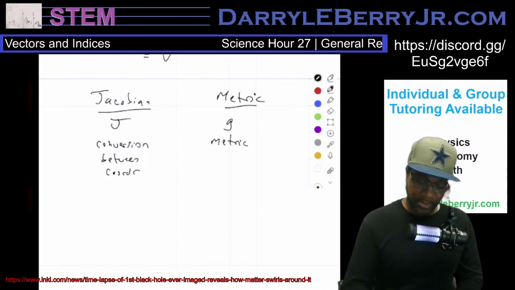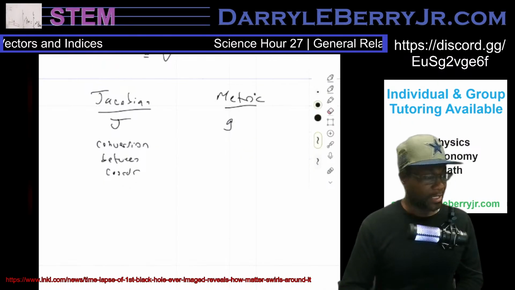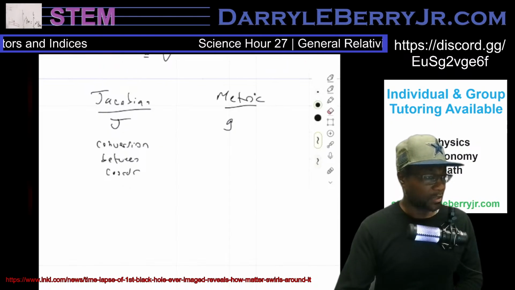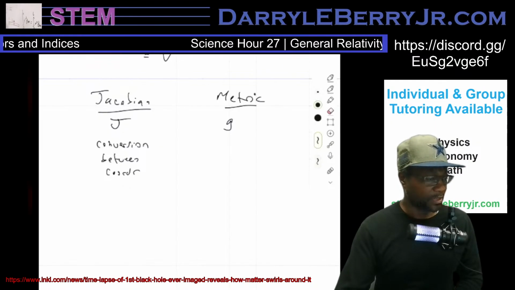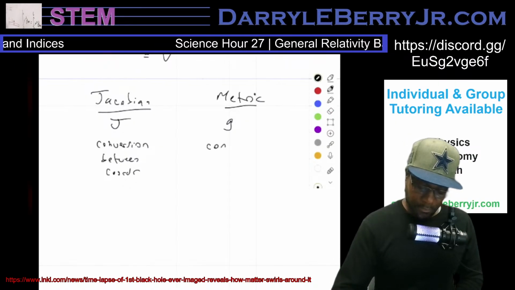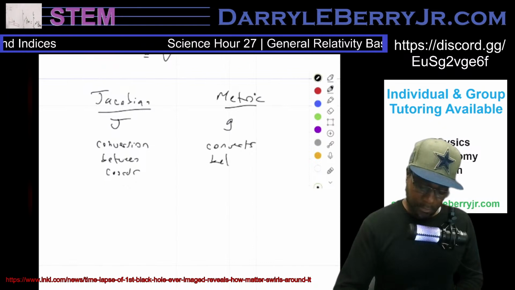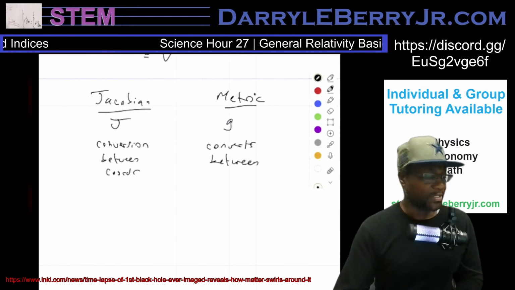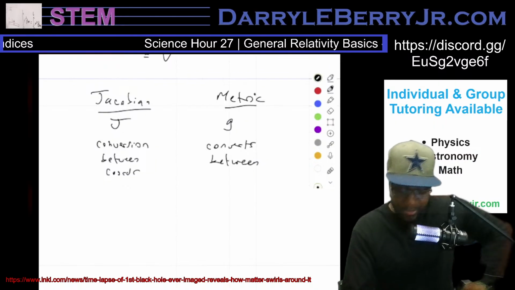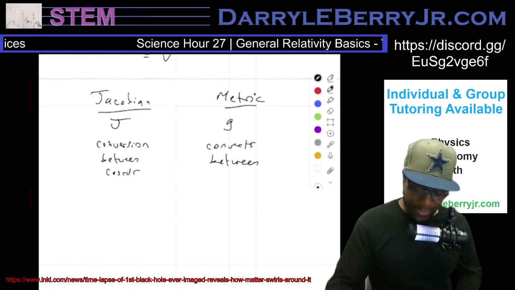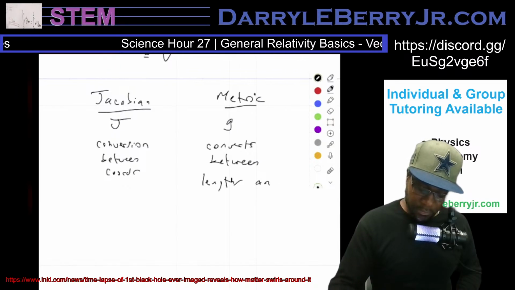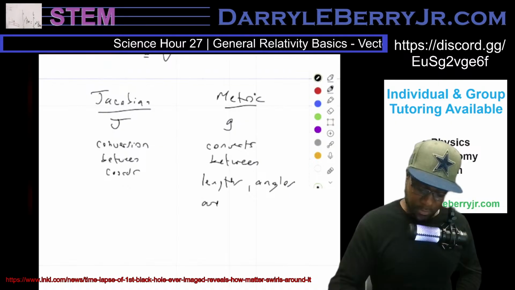So the Jacobian is the conversion between coordinates. And the metric, let me make sure I give you the proper wording of it. I said it earlier as the upper and lower vectors. It converts between the ways that lengths and angles are measured.